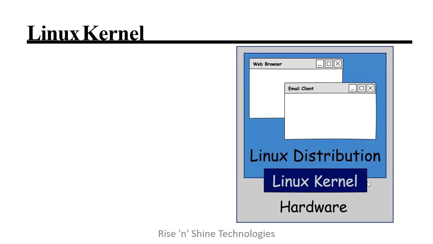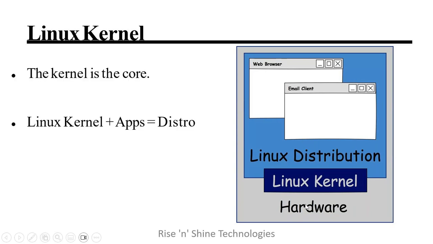Now, a Linux distribution uses the kernel to interact with hardware resources. A distribution is the kernel plus applications. Suppose in our mobile phones, from an OS point of view, we have Android based and iOS based.